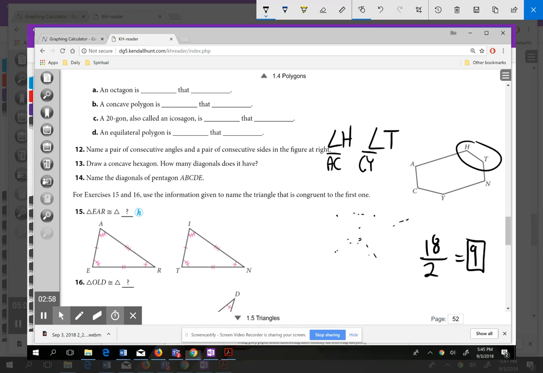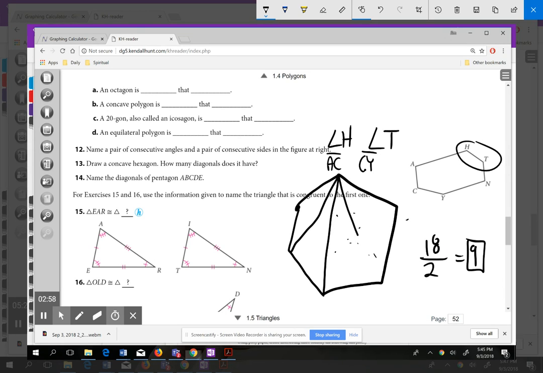So if I do another hexagon that's a little bit more straightforward, it might be easier to see what I'm talking about. But basically, let's go 1, 2, 3, 4, 5, 6, right? So there's 6 sides, and each vertex has 3 diagonals, right? But this vertex here also has 3 diagonals, but one of them was already counted, see? And then you have one here, and then you have one here, right?